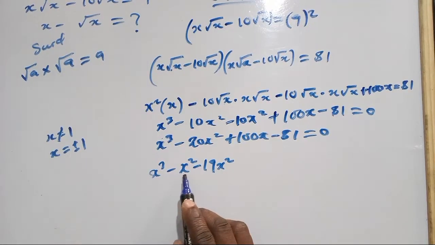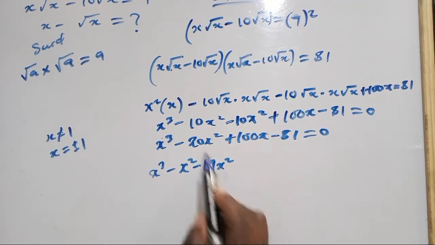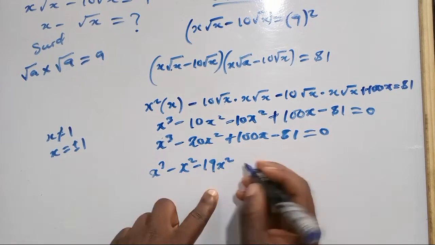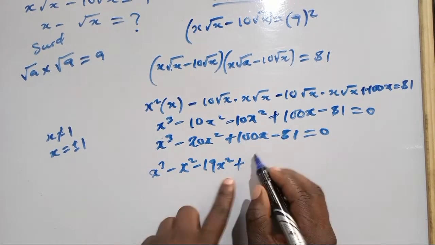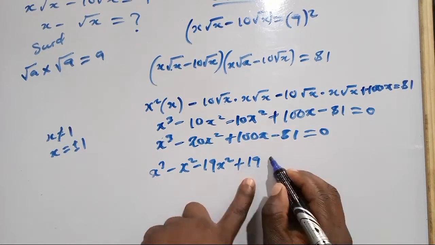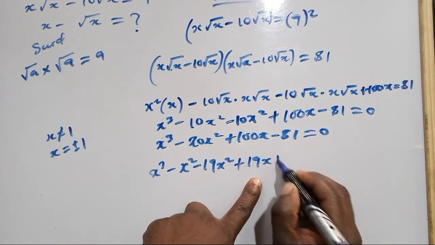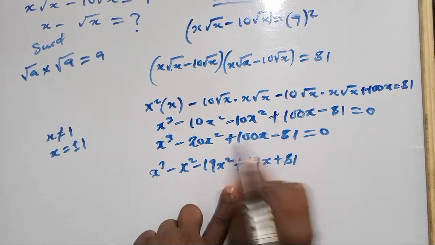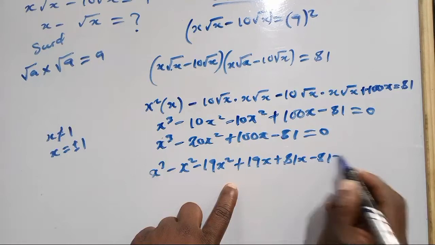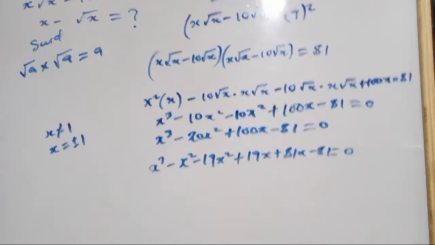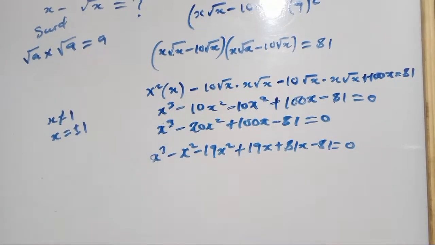Minus x squared minus 19x squared, you're going to have minus 20x squared. Then here plus 19x plus 81x, you're going to have 100x, then minus 81 here, which is equal to 0, right? I hope you're following me.